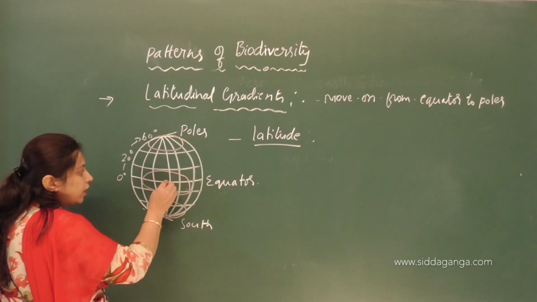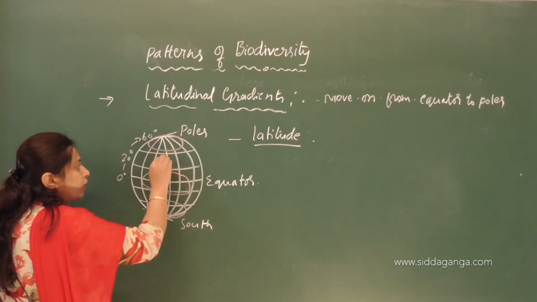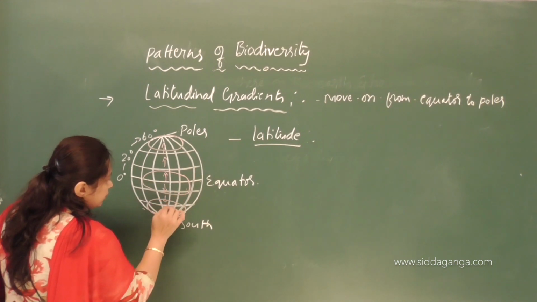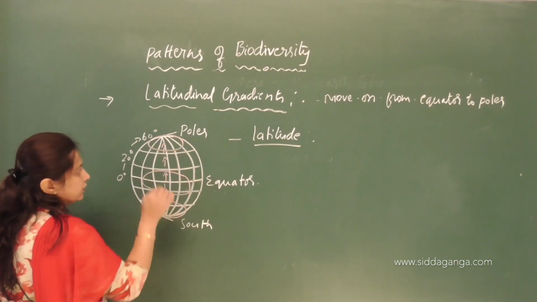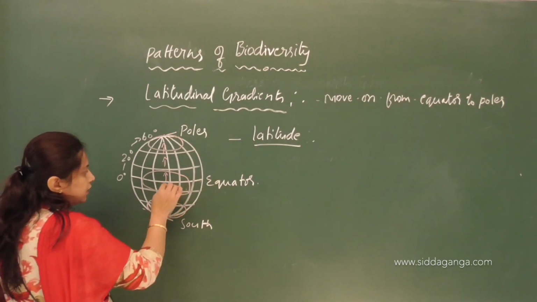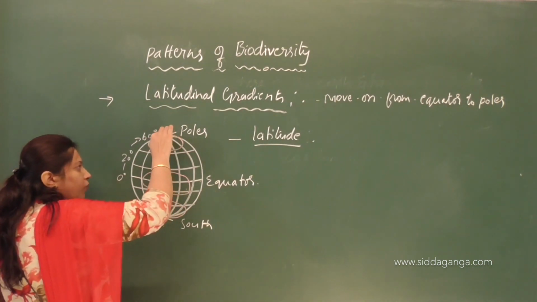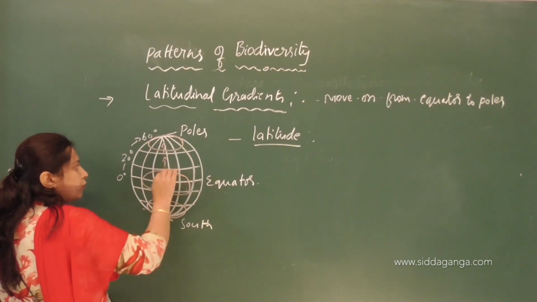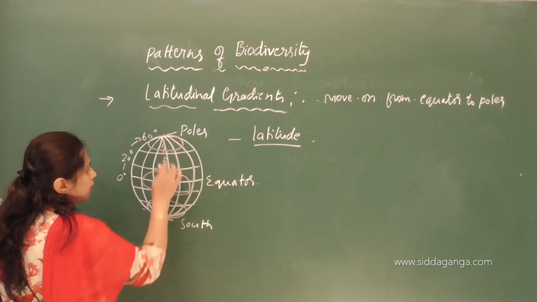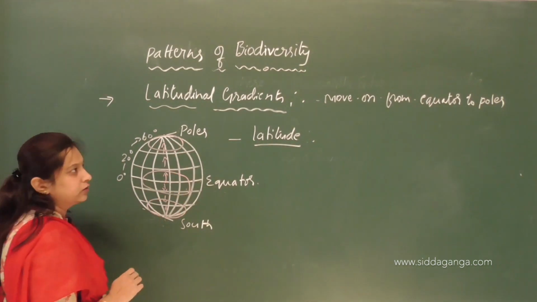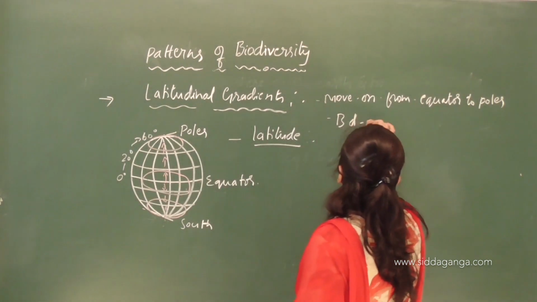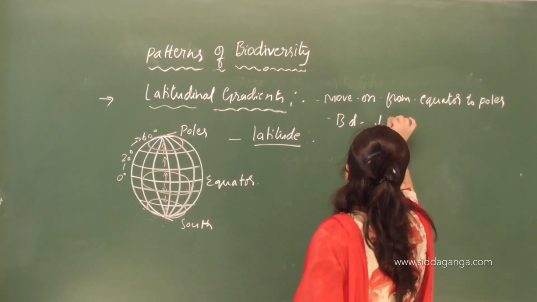As we move on from the equator towards the poles, either towards the north or towards the south, the species diversity decreases. The biodiversity goes on decreasing.